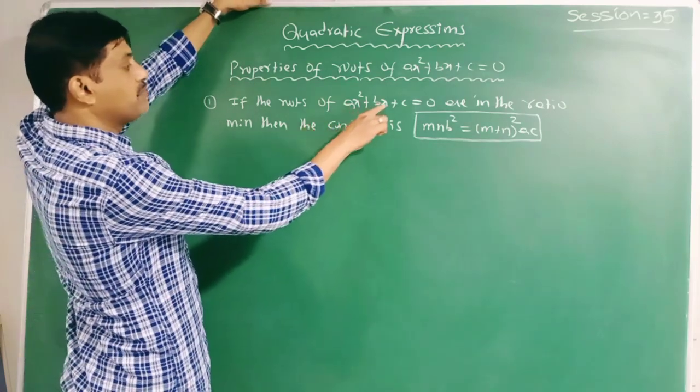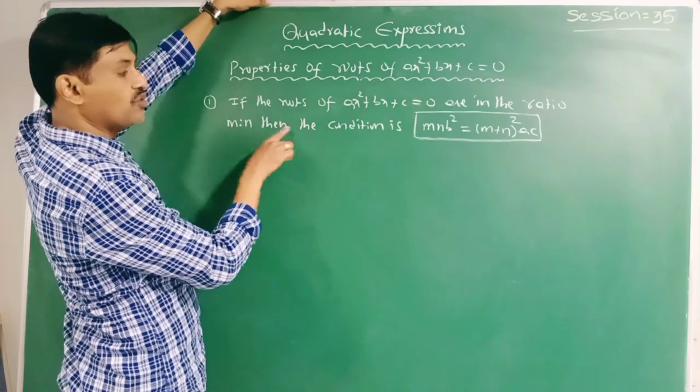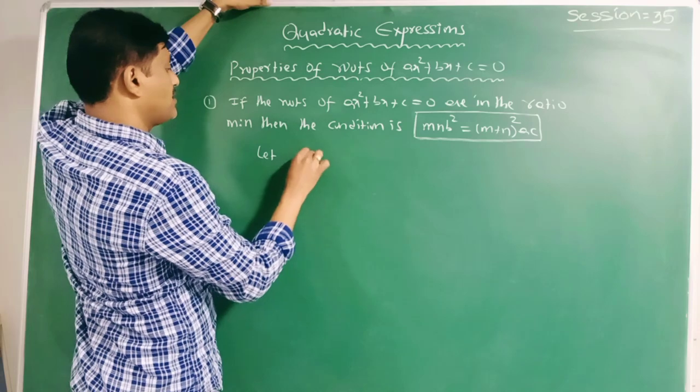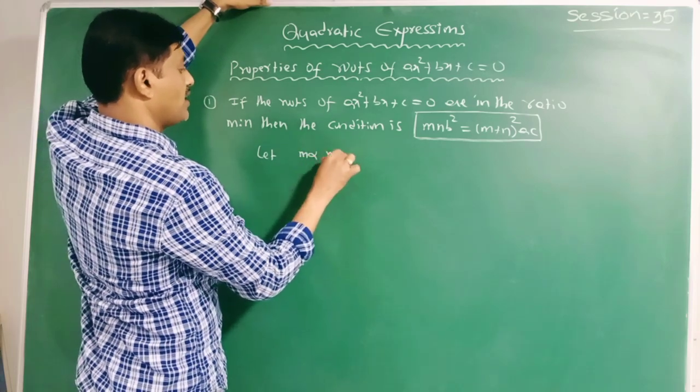Ax square plus bx plus c is equal to 0 whose roots are in the ratio m is to n. Means let one root be m alpha, and another root be n alpha.